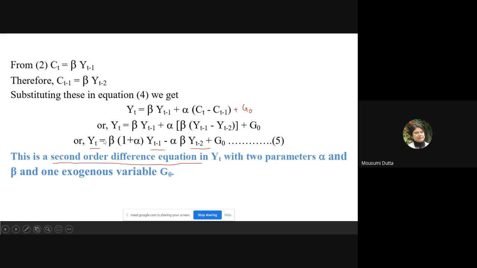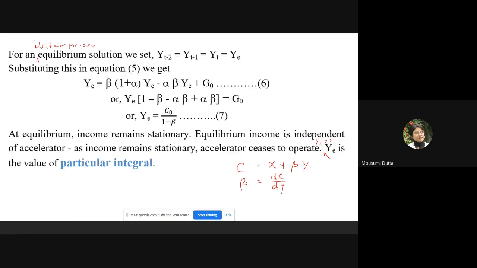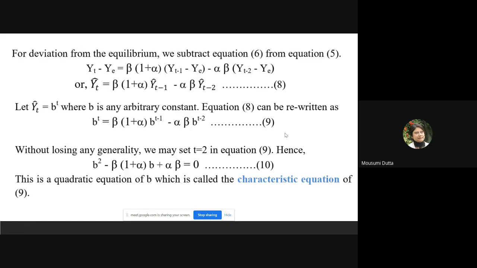So I'll consider YT minus YE, YT minus 1 minus YE, YT minus 2 minus YE. So we will consider the deviation form. We will subtract 6 from 5. So we are getting YT minus YE is equal to beta into 1 plus alpha, YT minus 1 minus YE, minus alpha beta, YT minus 2 minus YE. G naught minus G naught is cancelling.